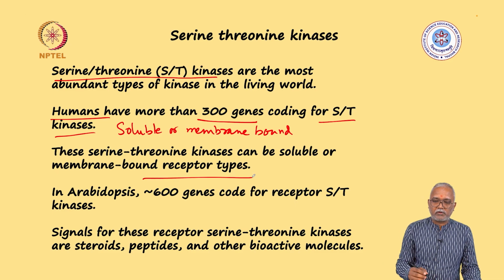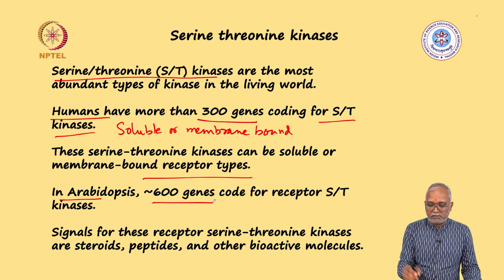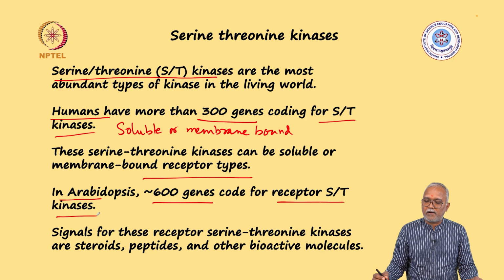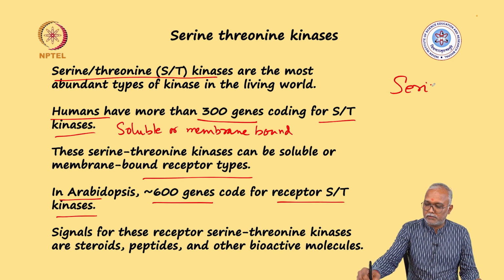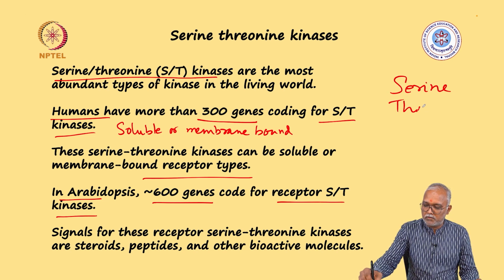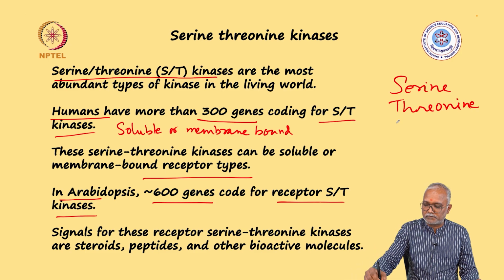If you talk about the plant world, Arabidopsis has 600 genes which code for receptor serine-threonine kinases. What it tells you is that the plant kingdom deals with serine-threonine kinase for bulk of their physiological responses.